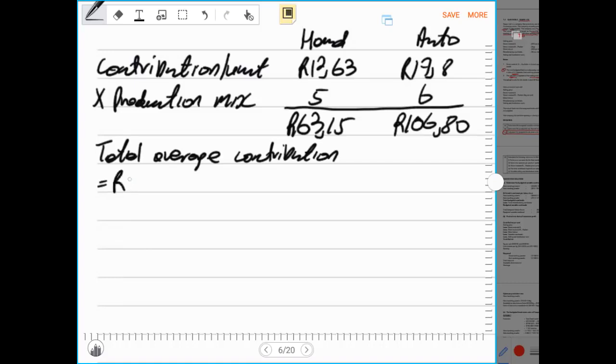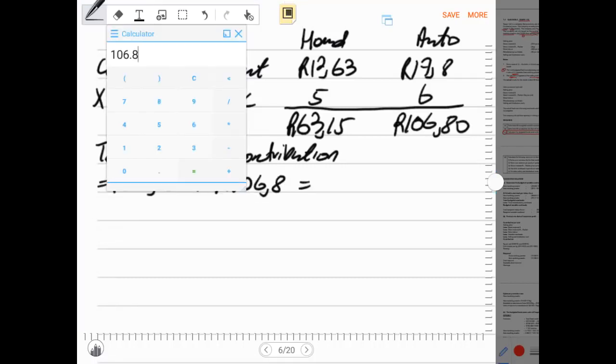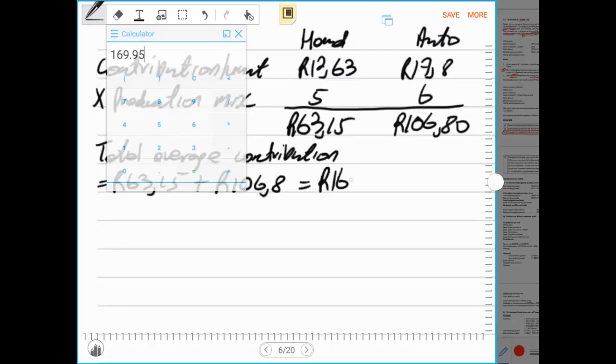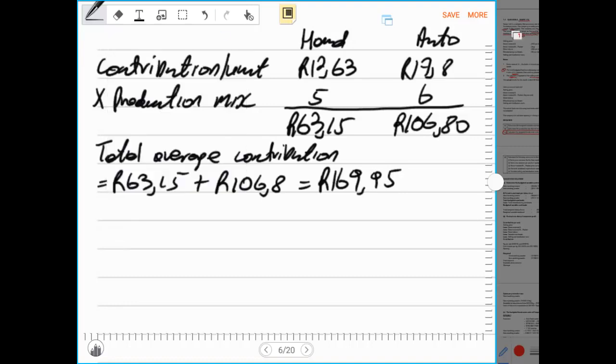It will be equal to 63 rand 15 cents plus 106 rand 80 cents, and it gives us 169 rand 95 cents. After that, we need to take into account the total fixed cost.